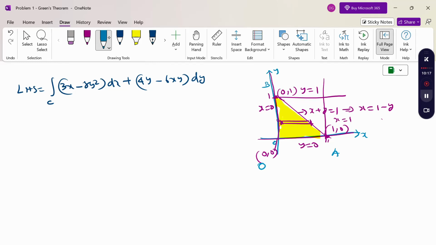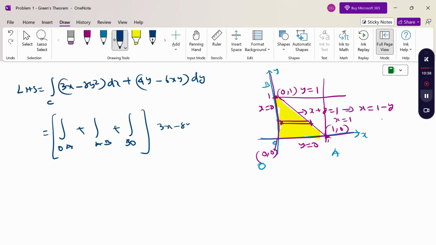So 3 lines to cover the region. Therefore write it in terms of the integral O to A, then A to B, then B to O. The single integral is split into 3 lines: (3x - 8y square) dx plus (4y - 6xy) dy.